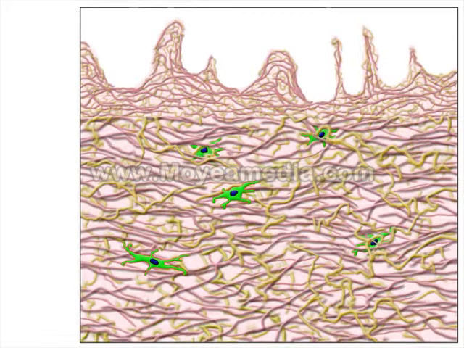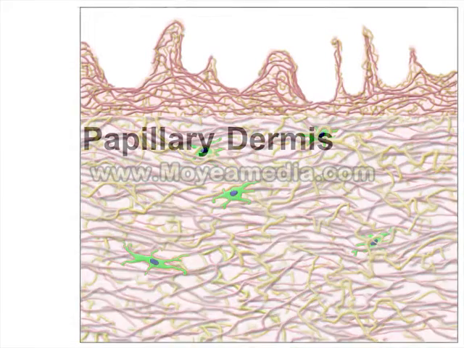Higher power, we see the papillary dermal collagen as much looser, and then below that the coarser reticular dermal collagen, and embedded within that the dendritic cells.